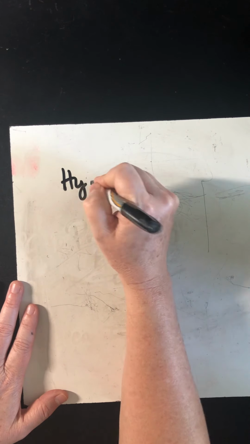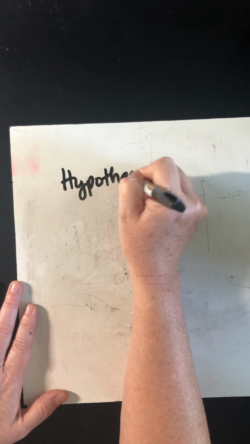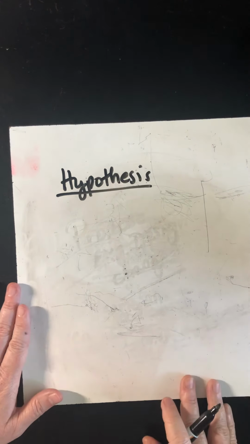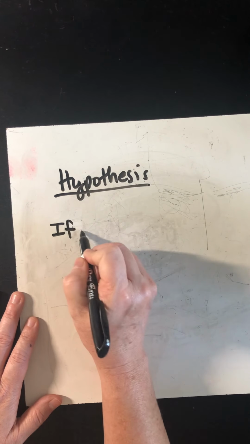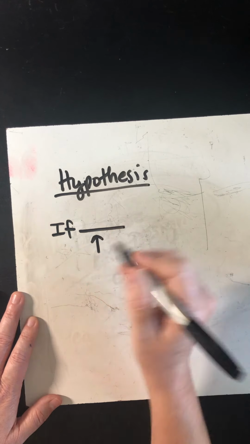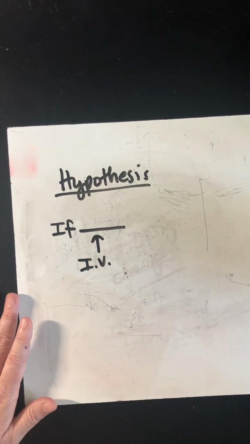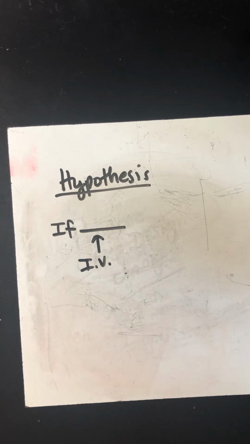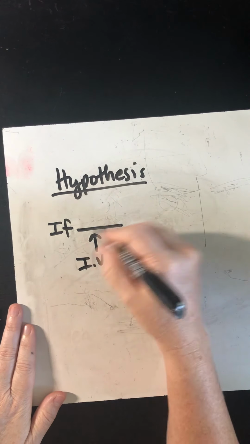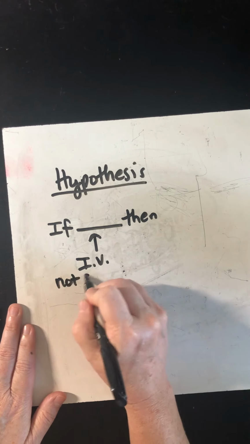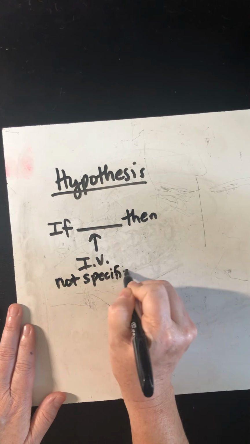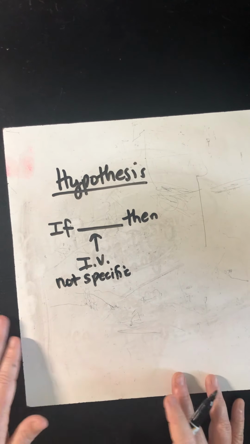All right, so your hypothesis, they may ask you to identify what is the hypothesis of the experiment. So the hypothesis is "if," and that's going to be your independent variable. So if I change the temperature, it's very not specific. You're going to get specific in your experimental setup.